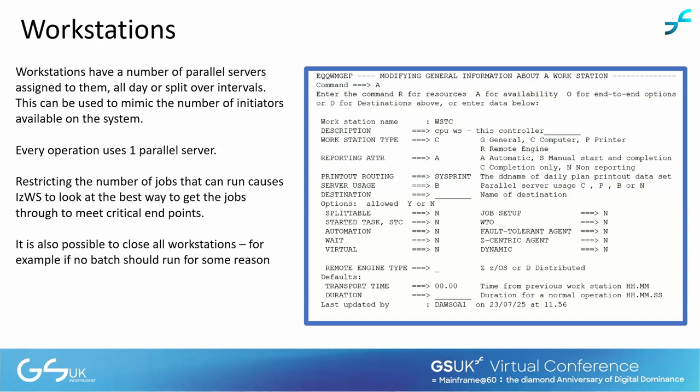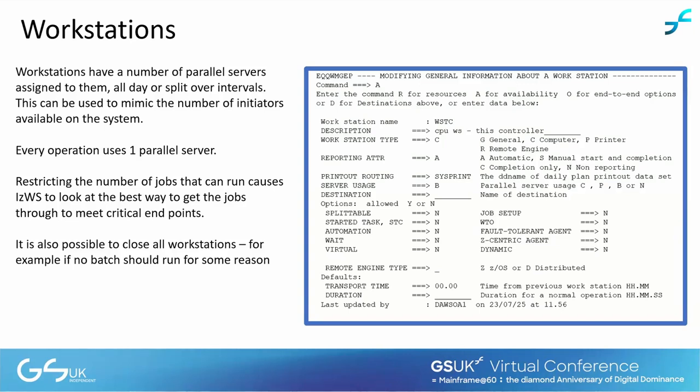You do R, I think, for resources, or A for availability. I can never remember which one. I should have checked that before I put that screen there. But you can set the periods of time when the workstation is available or not available. And your server usage must be either control or both.